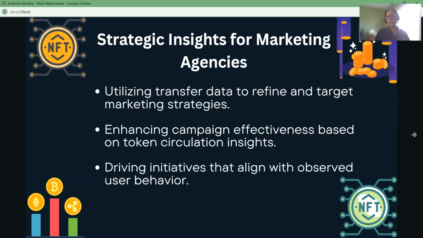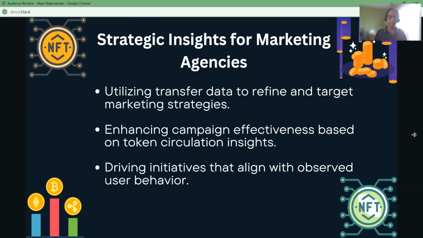Say as a marketing agency, you are running a marketing campaign for a decentralized application for one of your customers. In that case, if you want to give specific access to users who hold a particular NFT, you can do so within your application, and then identify among the token holders who is coming to your website and how much time they spend on it.